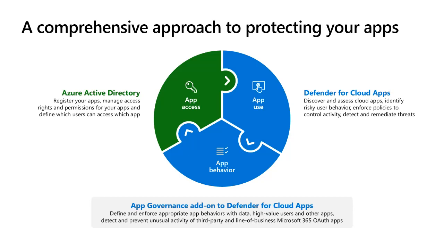And then bringing us down to app behavior, app governance complements Microsoft Defender for Cloud Apps as an add-on capability and offers in-depth capabilities to protect against risky app behavior for all Azure connected apps. And so it's a three-pronged approach to protecting your apps.